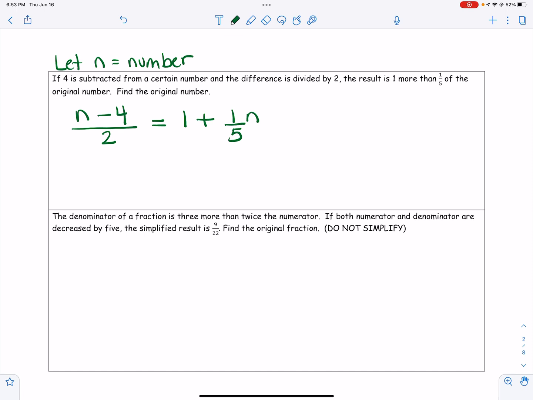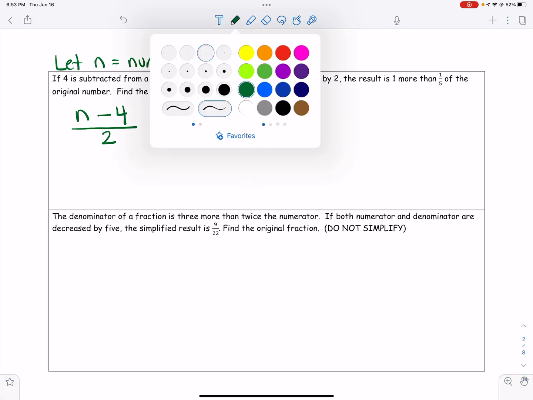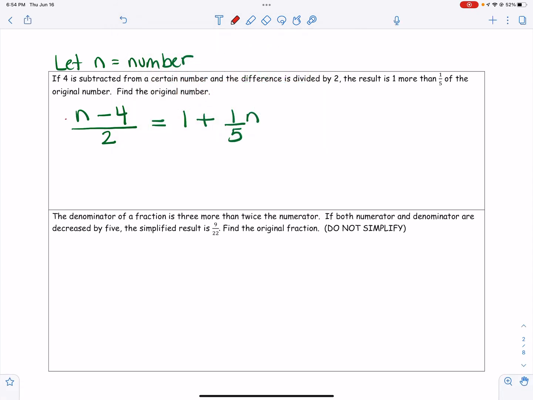So I've got my fractions, I've got a rational equation, I need to get rid of the 2 and the 5, and so the common denominator is going to be 10, and I need to multiply everything by 10.